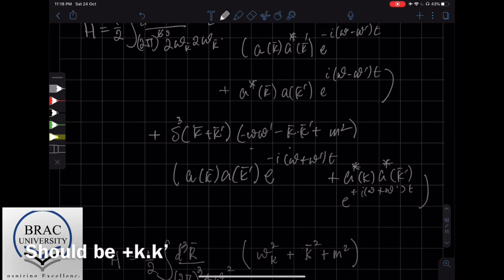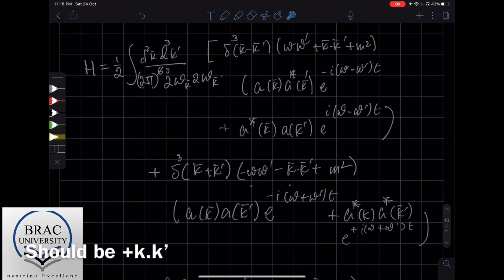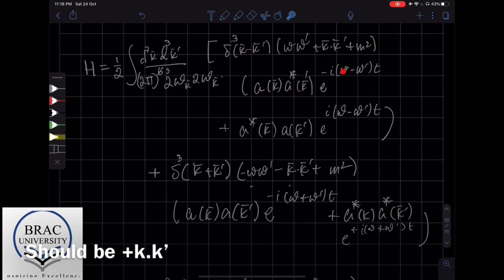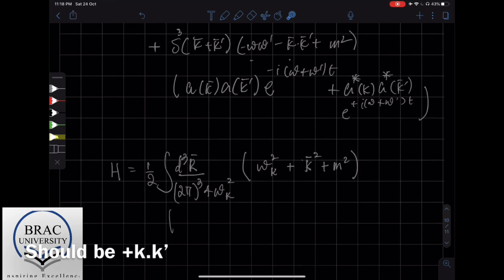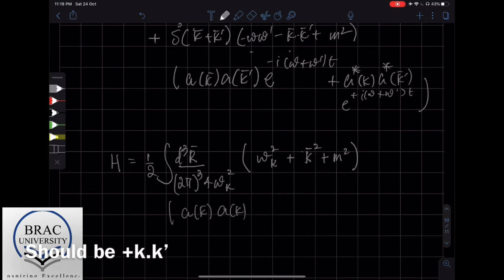And then what will happen is that in this bracket, omega and omega prime will become equal. So this exponential factor will become 1, and this exponential factor will become 1. So here we will have a of k, a star of k, and then a star of k, a of k.